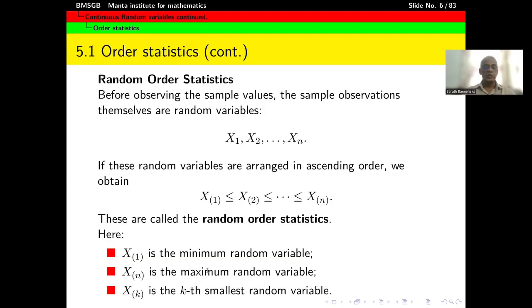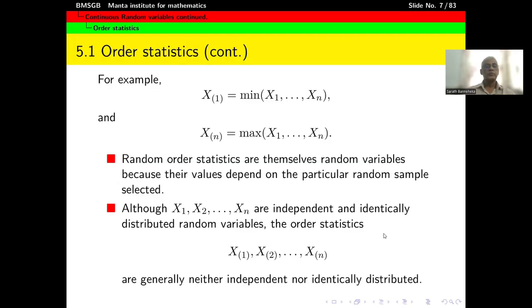So here, X(1) is the minimum random variable, and X(n) is the maximum random variable out of X1 up to Xn. So they are called random order statistics. They each have some distribution. For example, X within bracket 1 is actually the minimum of X1 up to Xn.